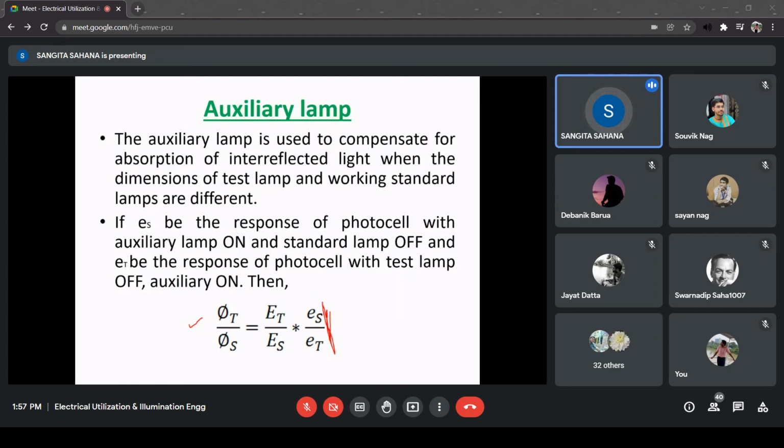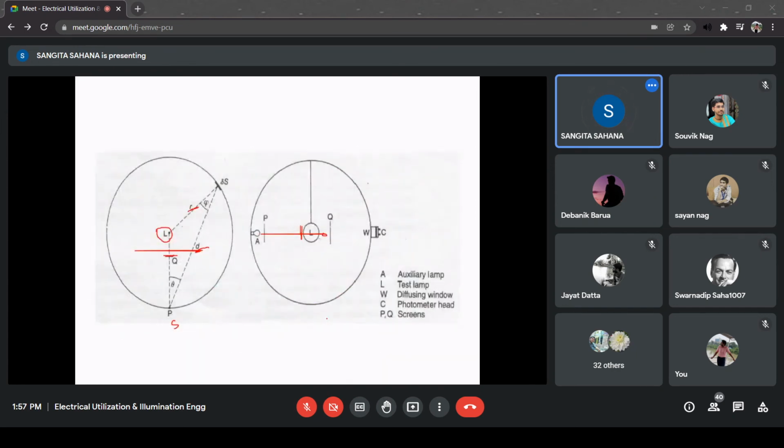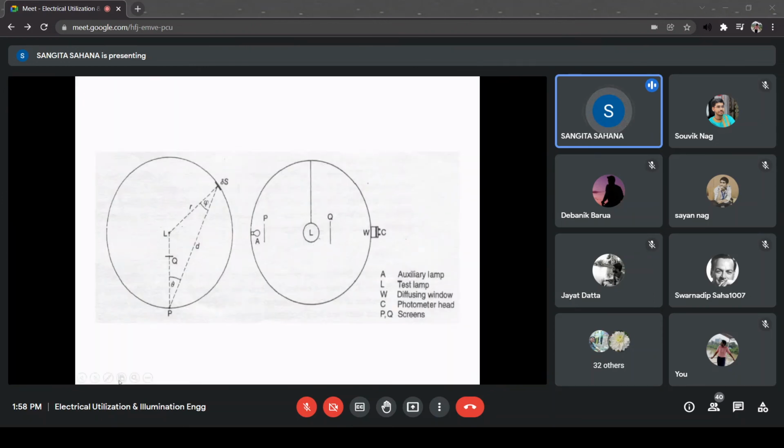So what is the small es by et? At first my test lamp is inside the sphere. Therefore this is the test lamp. The auxiliary lamp is off. You take the reading, that is capital ET.